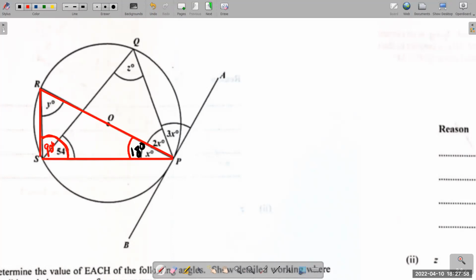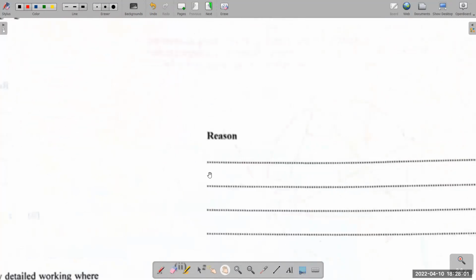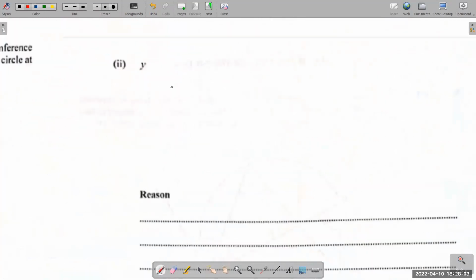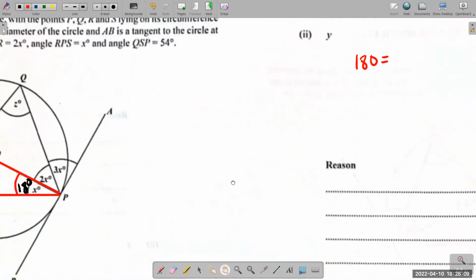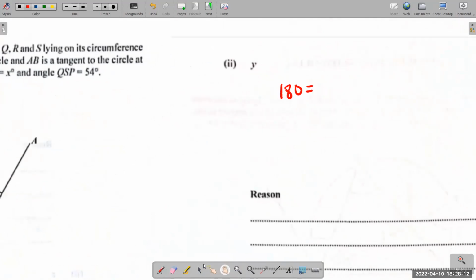How do we find the missing angle in a triangle? What do we say? We could say 180 is equal to, what was the other angle again? 18 and 90. Not 180. Sorry. Let me do it again. You would say 90 degrees plus 18 plus Y is equal to 180. So you would show that all 3 of them are equal to 180.